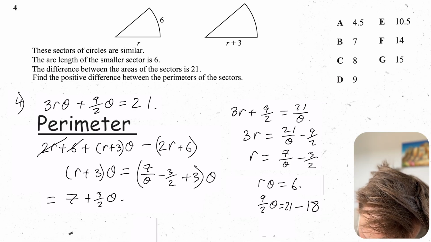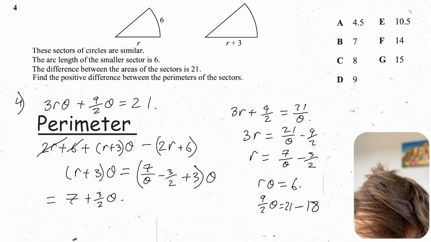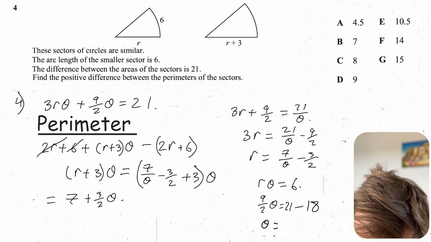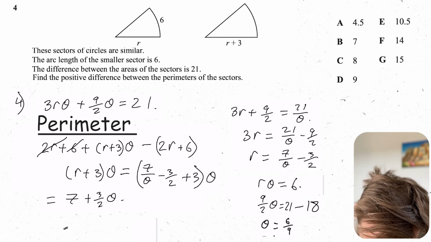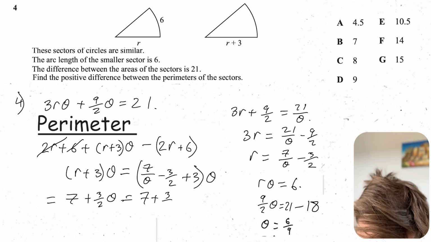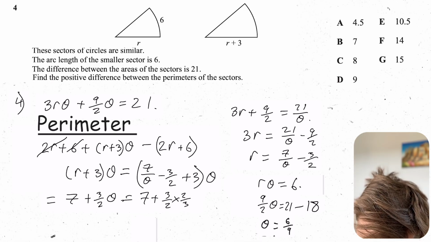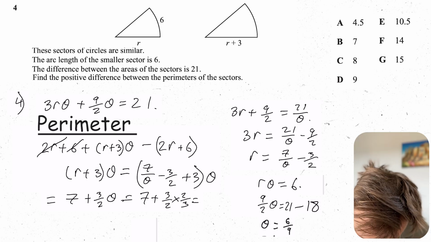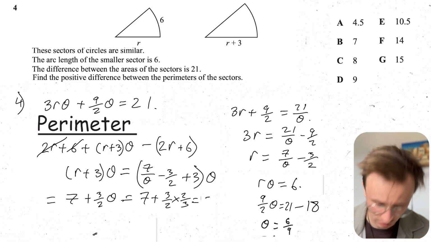So 9 over 2 theta equals 3. Theta equals 6 over 9, which is 2/3. So this is equal to 7 plus 3 over 2 times 2/3 equals 7 plus 1, 8. So I'm going to go with C.